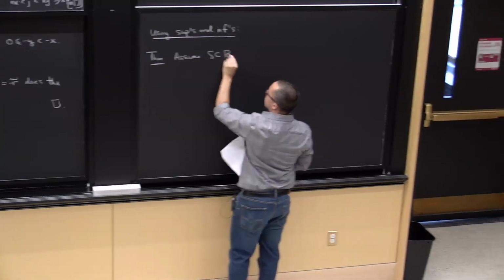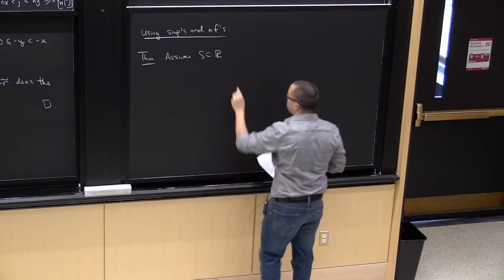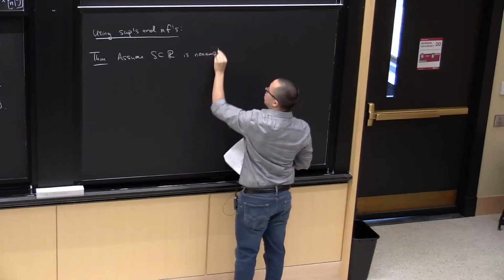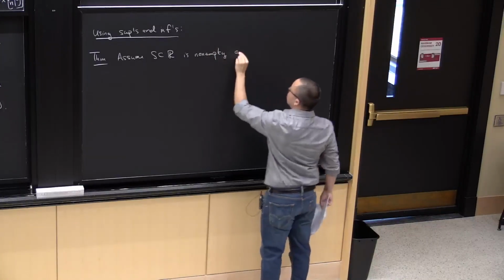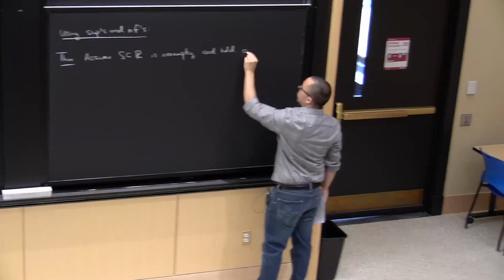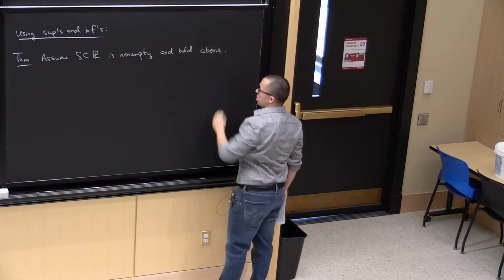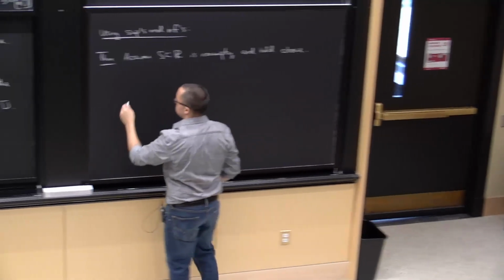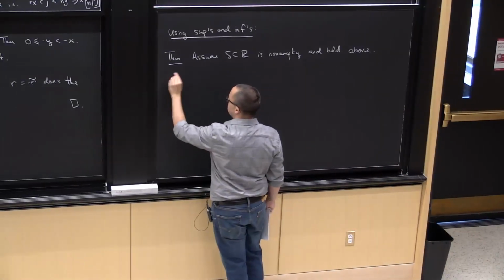Assume S is a subset of R, non-empty and bounded above. So S has a supremum. I'm going to tell you what the supremum satisfies, and it's an if and only if statement.